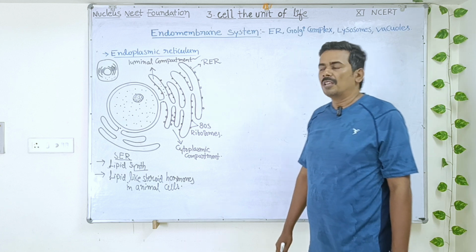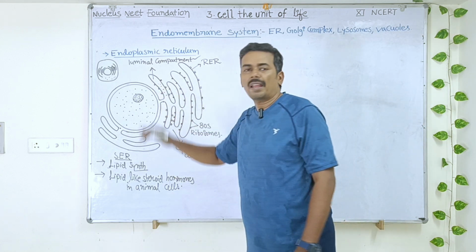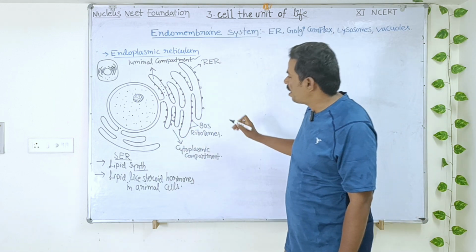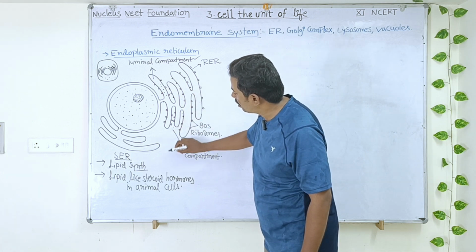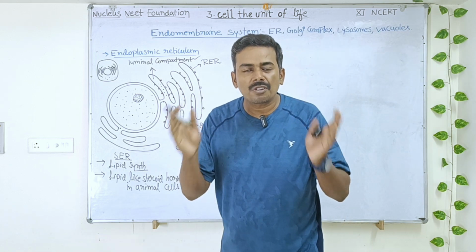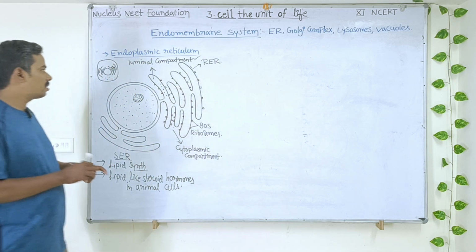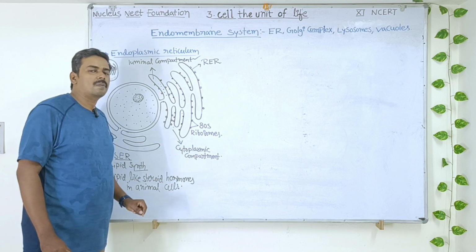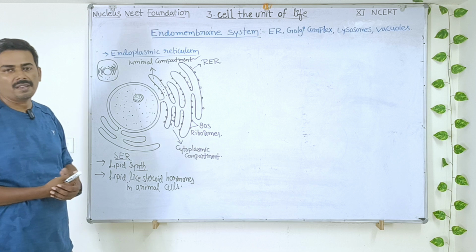The space which is outside the ER is called the cytoplasmic compartment or extraluminal compartment. Understood, students? What are the two compartments? Luminal compartment inside the ER, and cytoplasmic compartment or extraluminal compartment which is outside the ER.